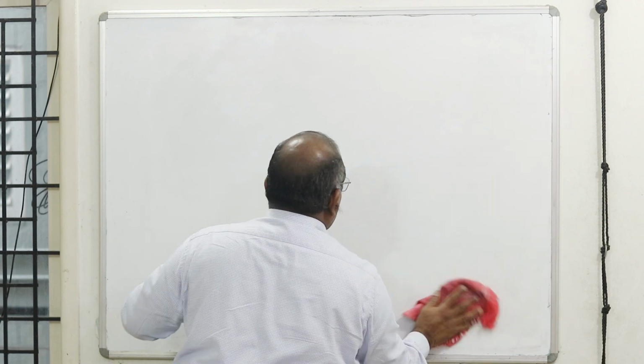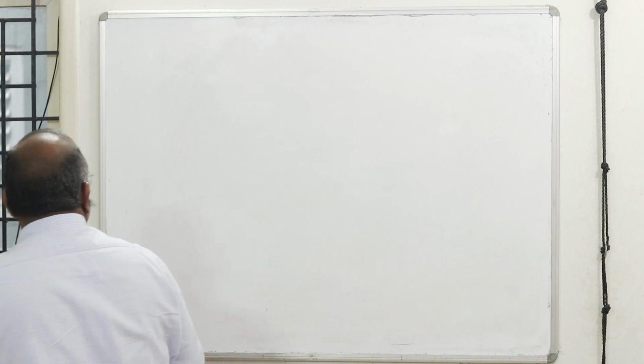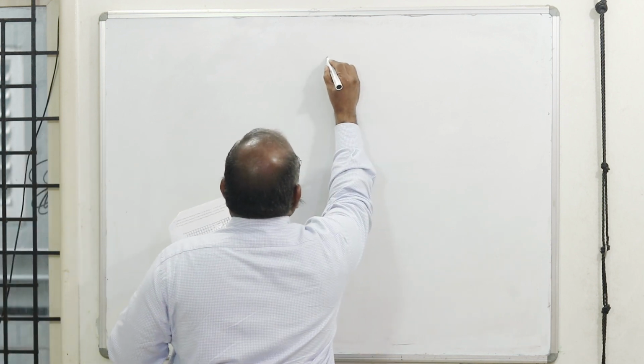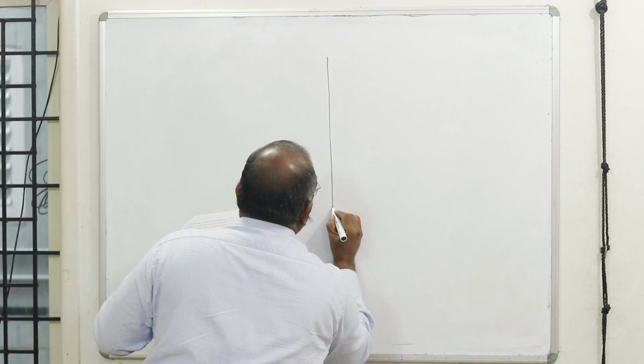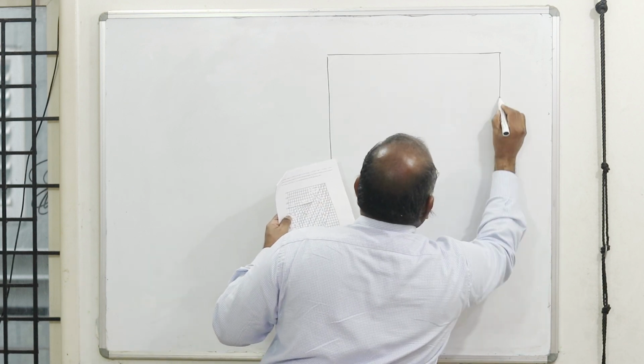Before going to the examples, I will just draw a typical chart so that you understand what Taylor has done. Wonderful work. For his memorable work, we should be very thankful to him.